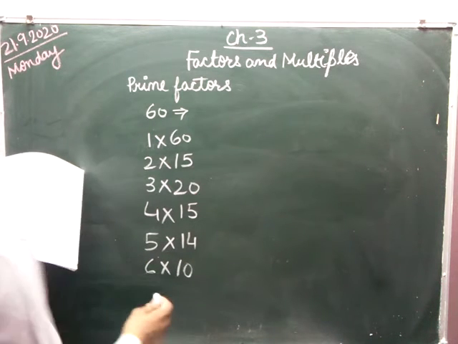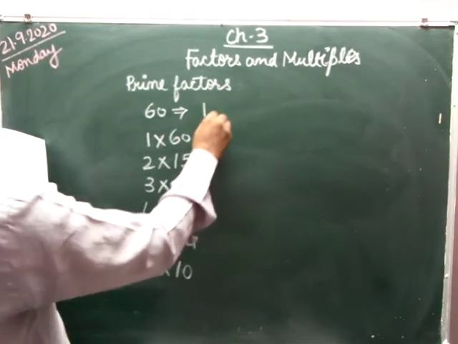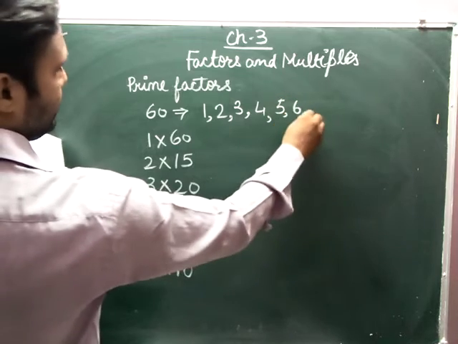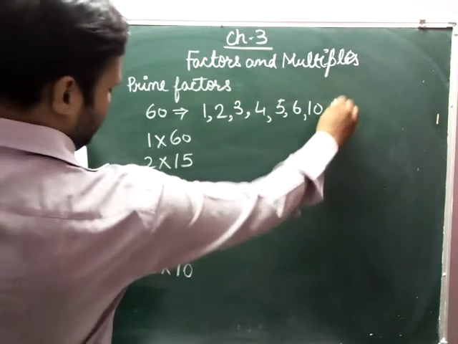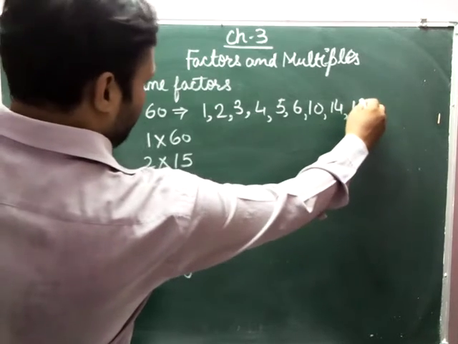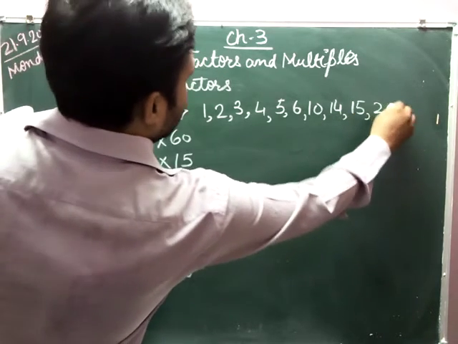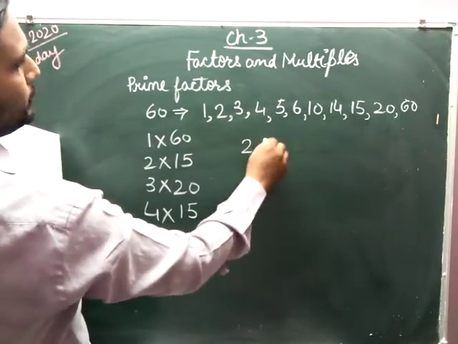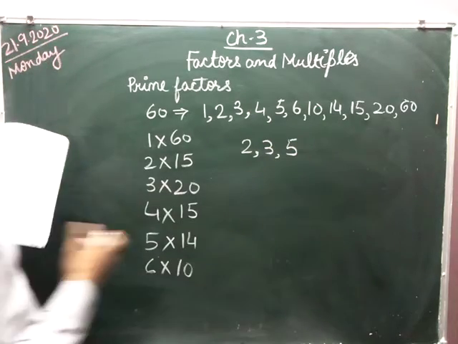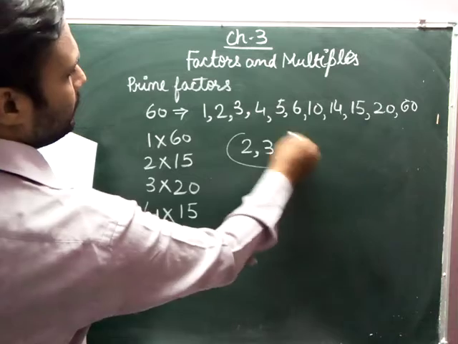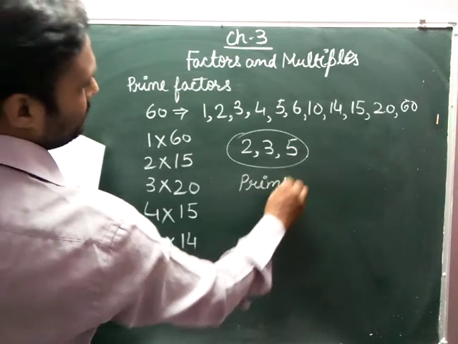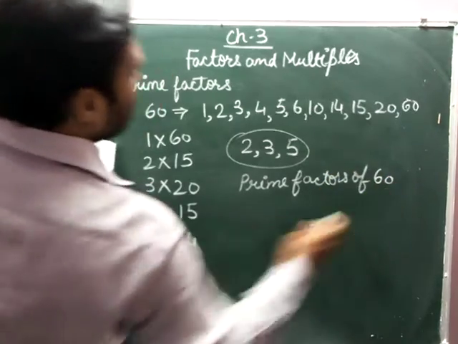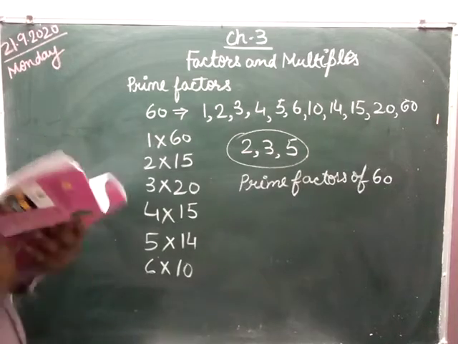So the factors are 1, 2, 3, 4, 5, 6, 10, 12, 15, 20, 30 and 60. The prime factors are 2, 3 and 5. These are all the prime factors of 60. In this way we can take out the prime factors.